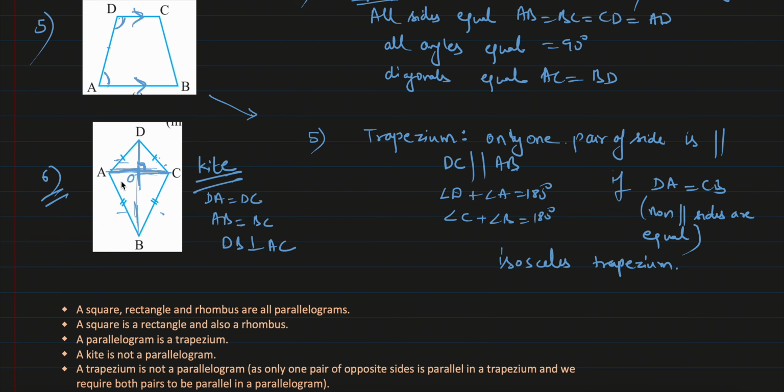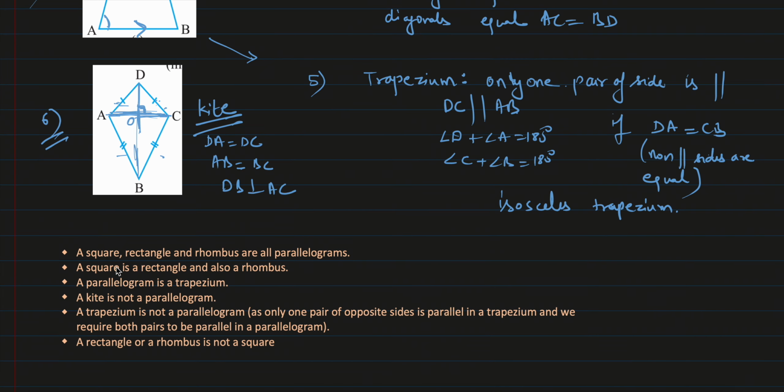Okay, dear students. Now let me read out what these lines written over here say. A square, rectangle and rhombus all are parallelograms. We covered that. A square is a rectangle and also a rhombus. A parallelogram is a trapezium also, we can say, because one pair of sides is parallel in that also. A kite is not a parallelogram, because none of the sides is parallel.